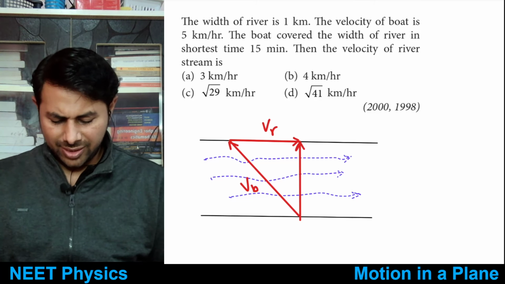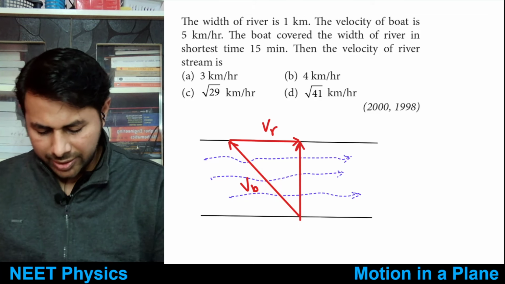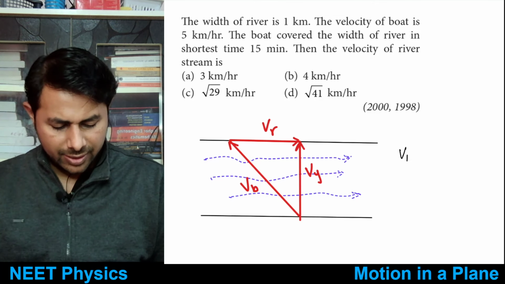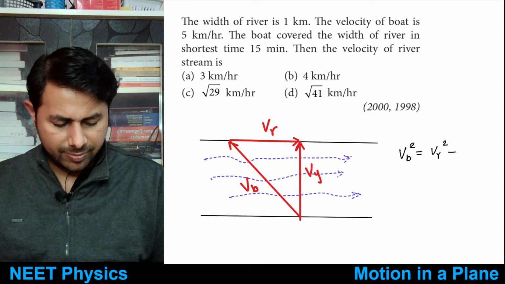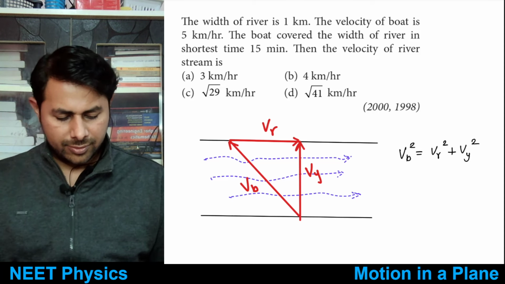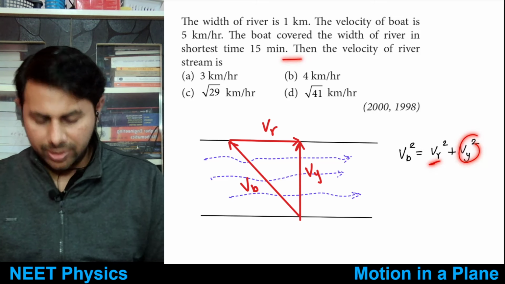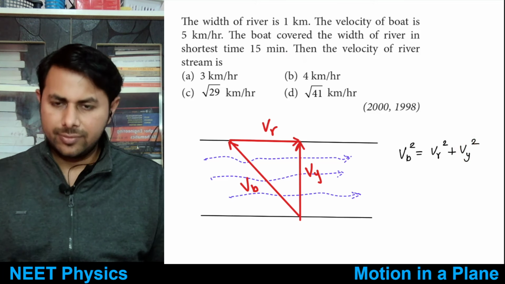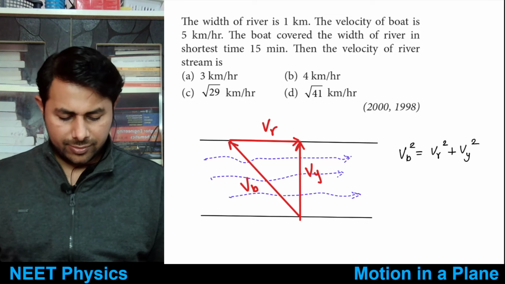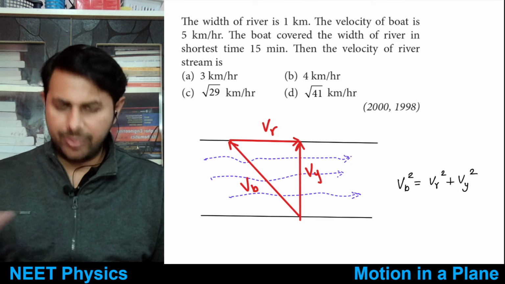Okay, so here you can say Vb square, let's call this Vy. So Vb square is equal to Vr square plus Vy square. Okay, but now do we know Vy? We want to find out the velocity of the river. Yes, we know that it covers this much distance in 15 minutes.